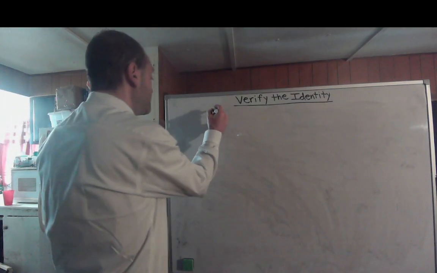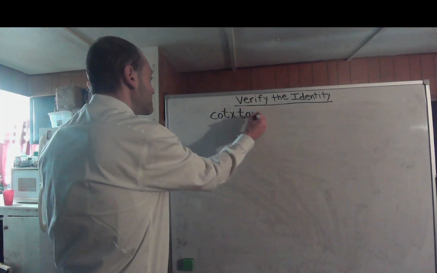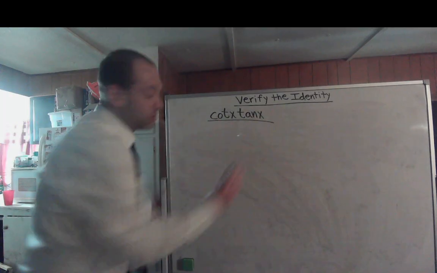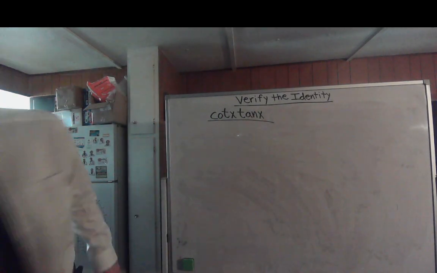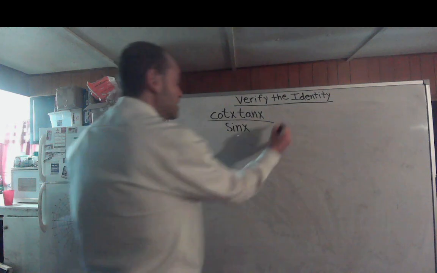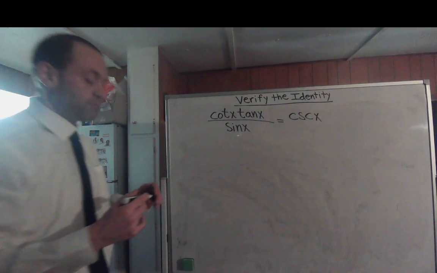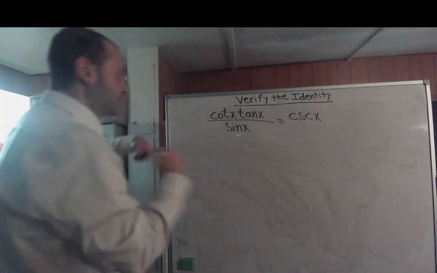Alright, so we have the cotangent of x times the tangent of x all over the sine of x equals the cosecant of x. This one ain't going to be nothing because let's write out that left-hand side.